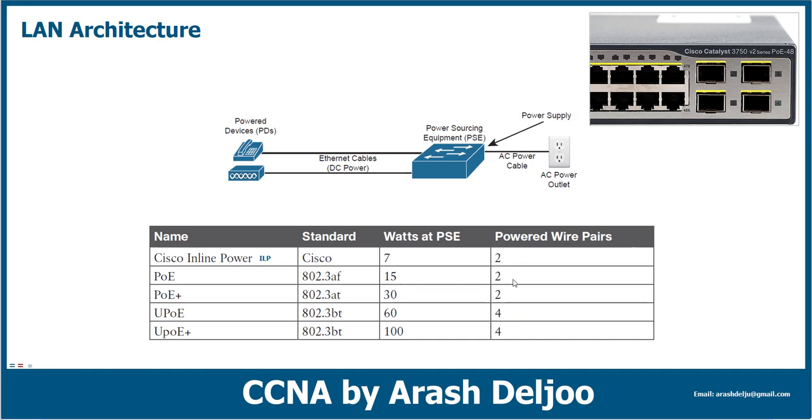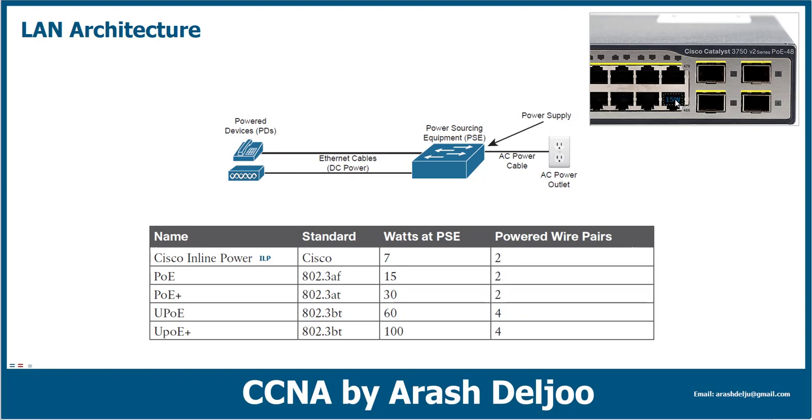Again, it uses 2 wire pairs. 15 watts means we can connect devices with a maximum requirement of 15 watts. Look here, we have one switch that supports PoE, Power over Ethernet, on all 48 of its ports. But PoE means this switch can supply only 15 watts on each port, not more.